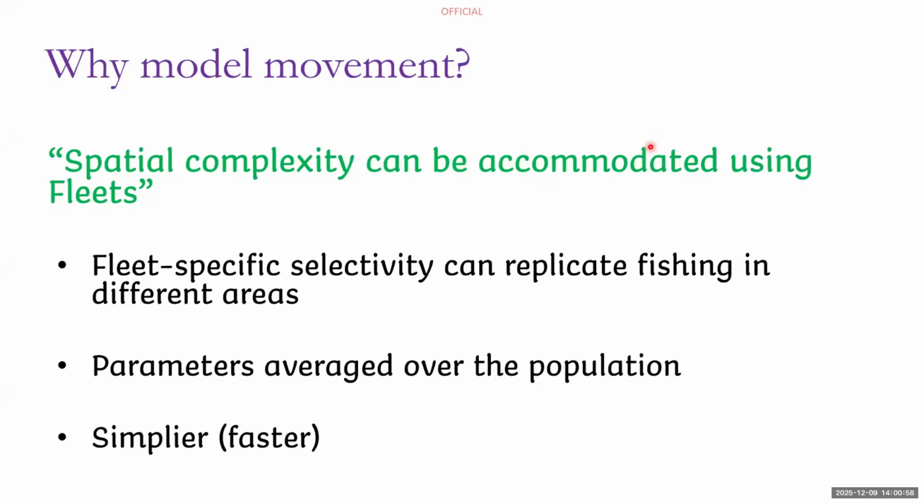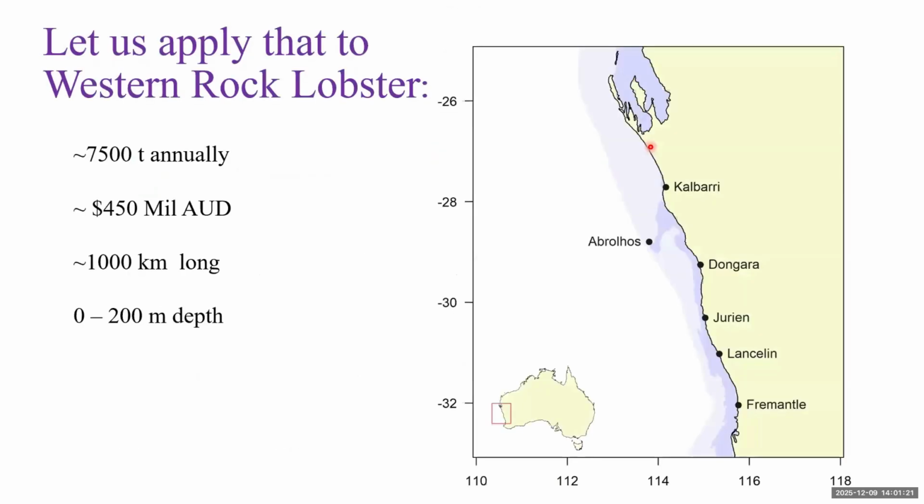It does require that, over the breadth of your fishery, you're using parameters that are generally averaged, say average growth across the whole area. But this concept is so much faster and simpler to code and model. It's great. So it's obviously where we wanted to originally start with the lobster, just using fleets.